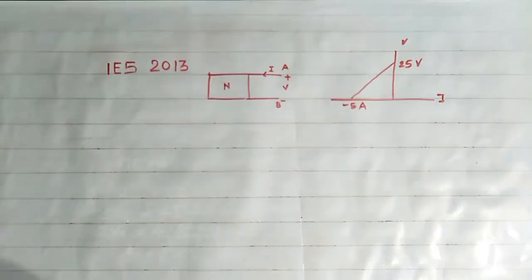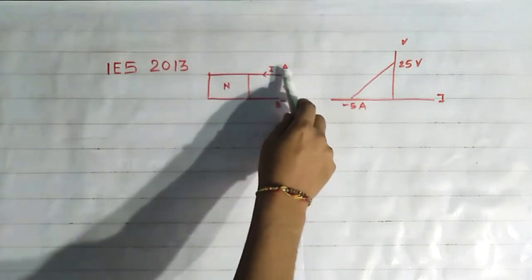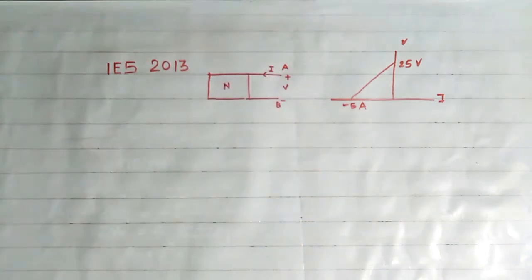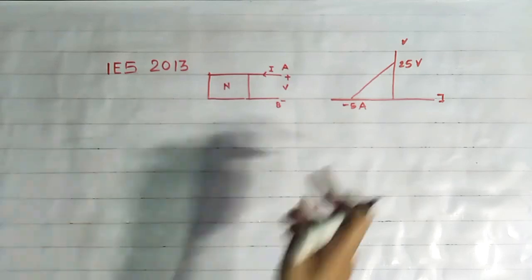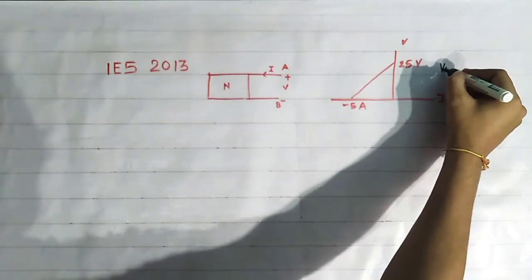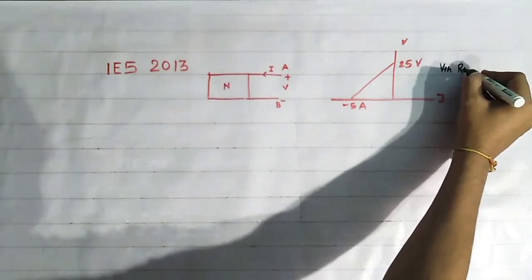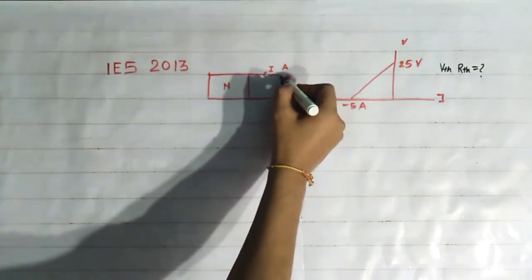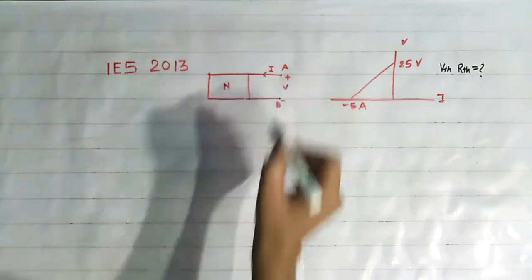Now see this question that has been asked in ES 2013. Here this is a network and this has voltage V across terminal AB and this is the current I. The VI characteristic is shown here, and for this characteristic we have to find the value of VTH and RTH. We know that VTH is the open circuit voltage across the terminal AB.